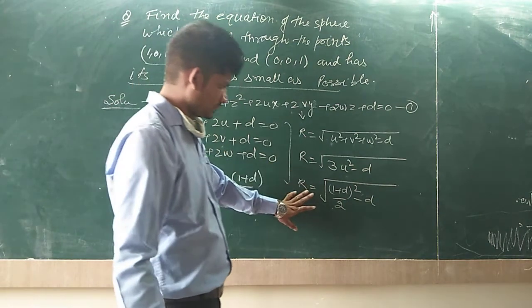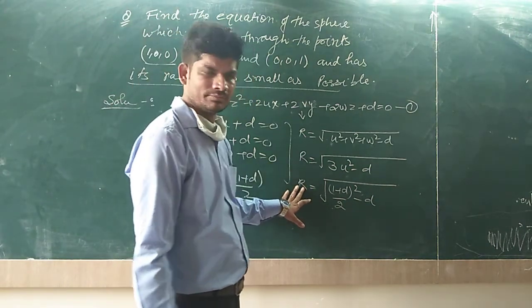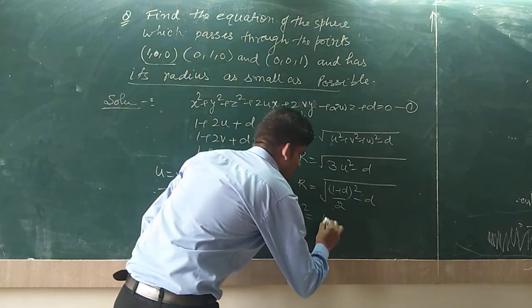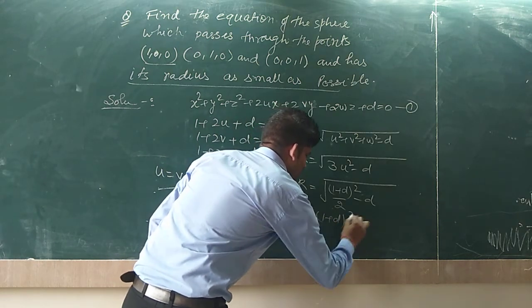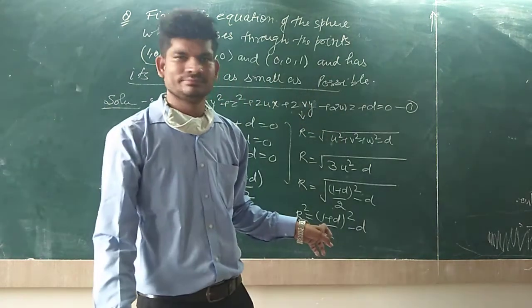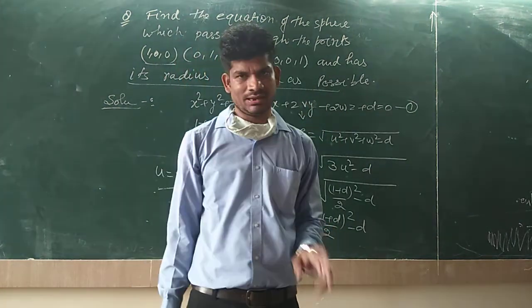So r is minimum, so r square is also minimum. By using maximum minimum conditions, we find the value of d.